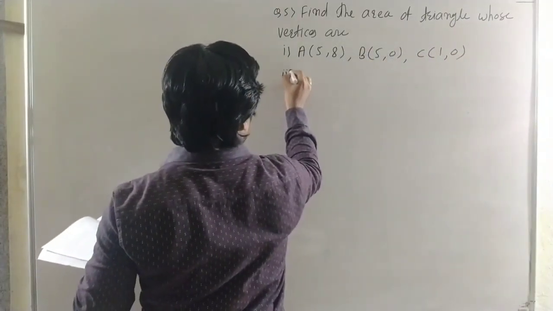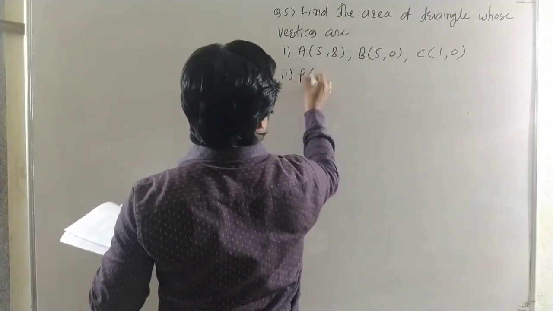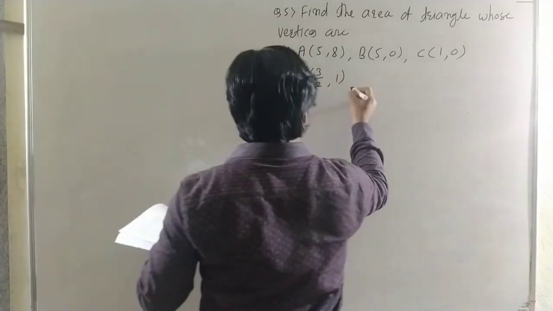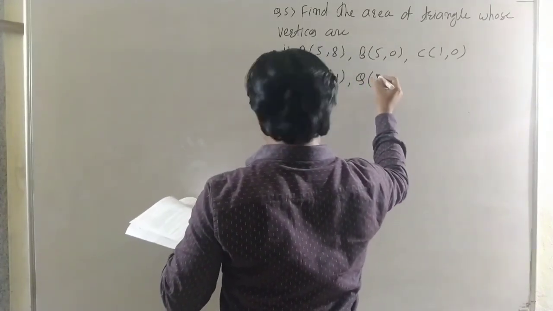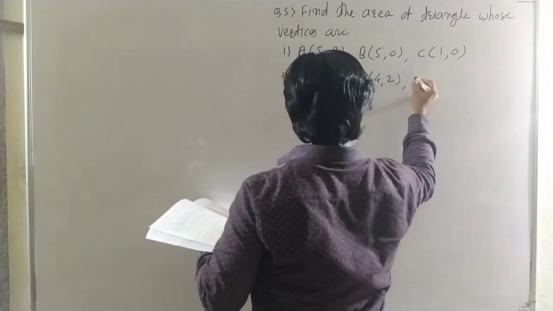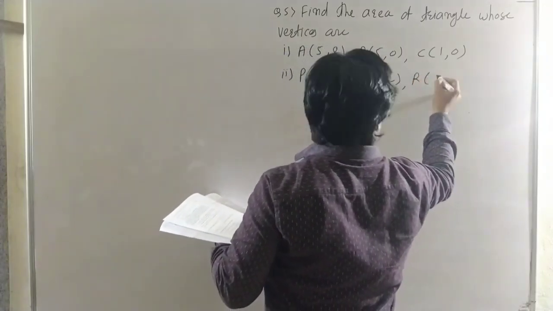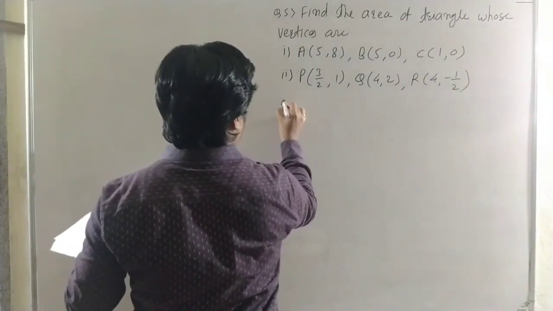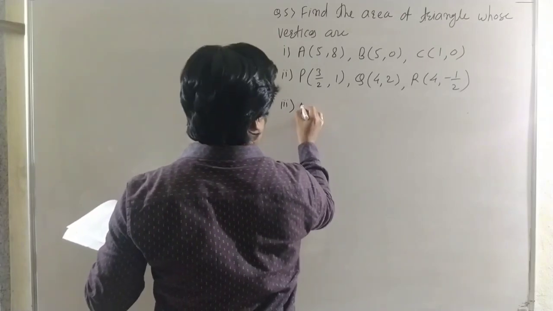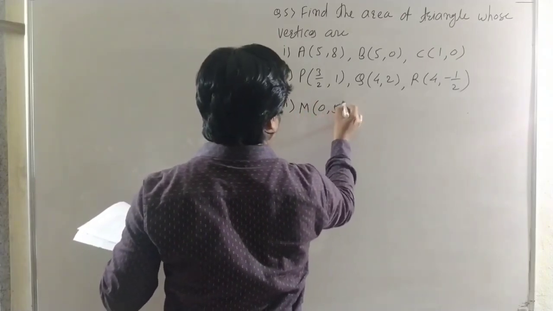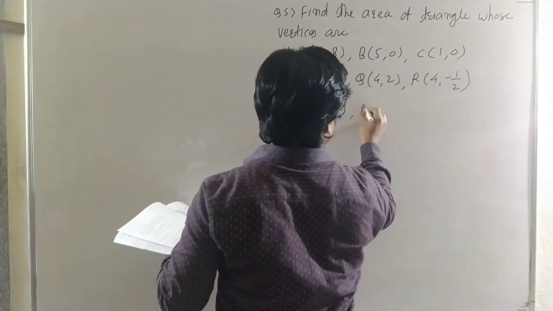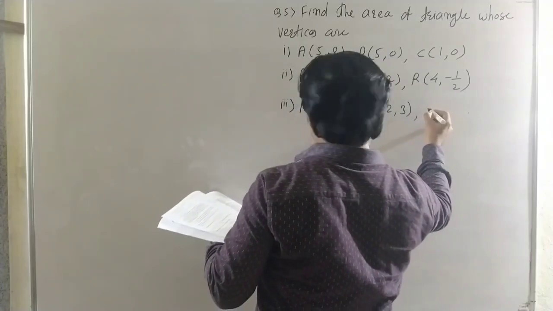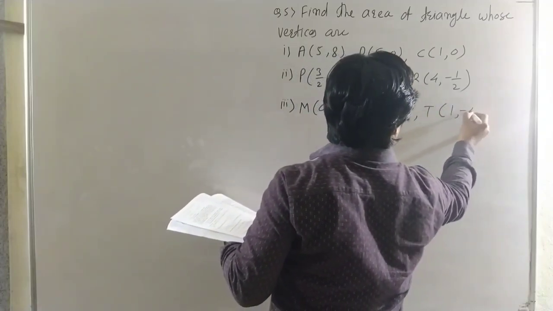Second example, P (3/2, 1), Q (4, 2) and R (4, -1/2). And third example, the coordinates M (0, 5), N (-2, 3) and T (1, -4).